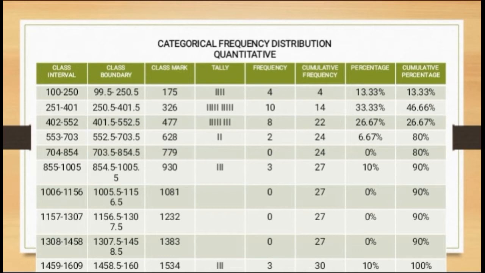Percentage. The percentage of the class interval 100 to 250 is 13.33%. The 251 to 401 class interval had 33.33%. The 402 to 552 class interval had a percentage of 26.67.